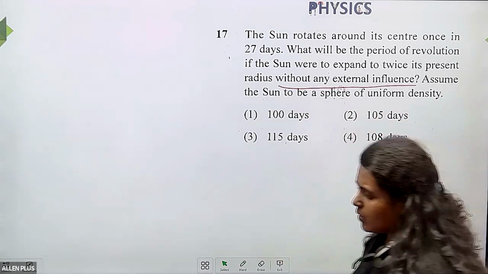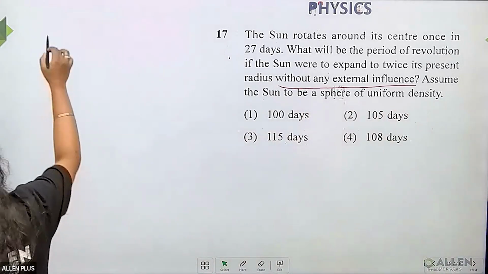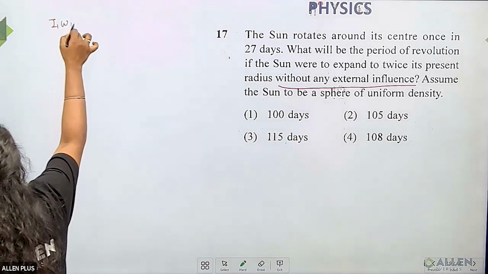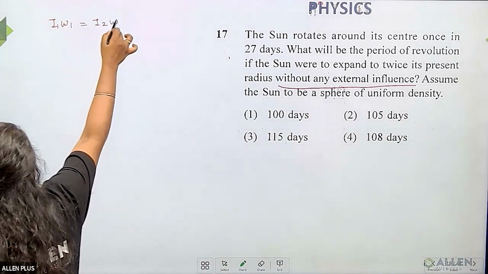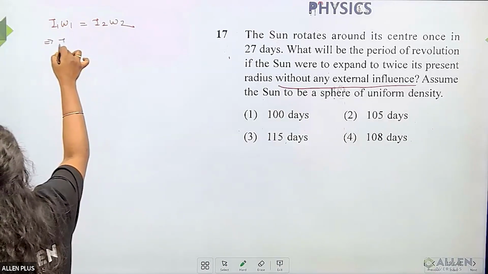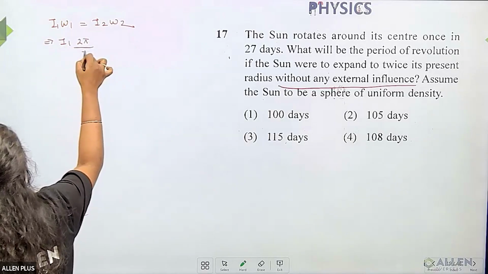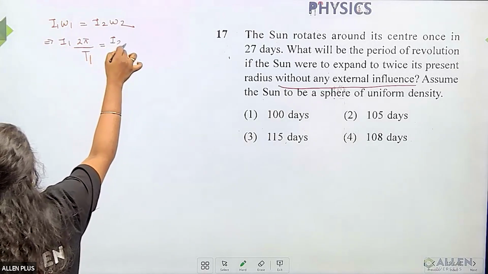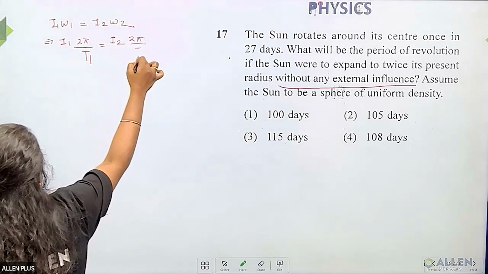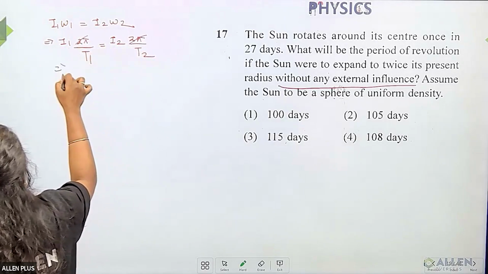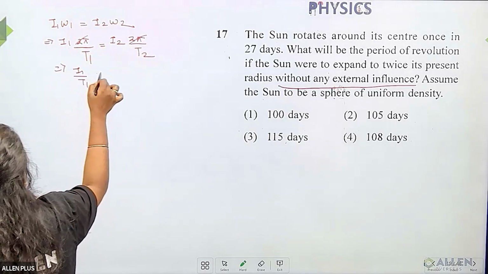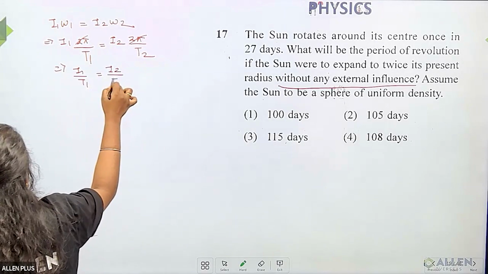So according to conservation of angular momentum, I can write I1 omega 1 is equal to I2 omega 2, or I1 2 pi by T1 is equal to I2 2 pi by T2, or I1 by T1 is equal to I2 by T2.